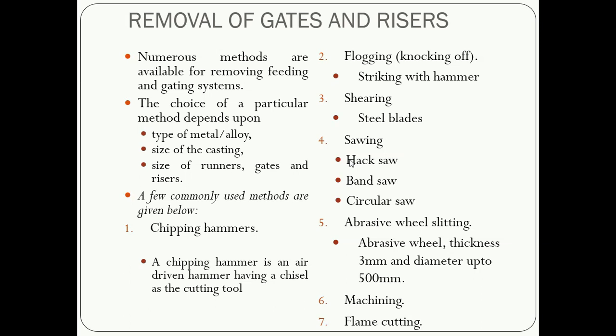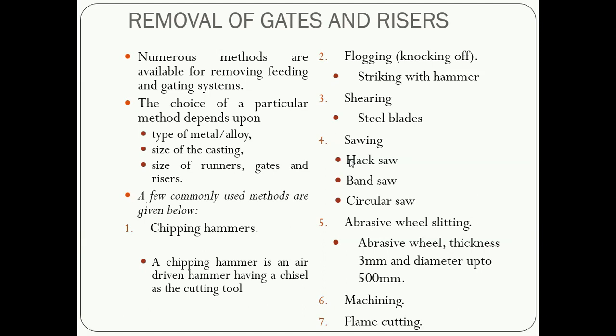Next is shearing. By using steel blades you can carry out shearing. Shearing means the steel blade has a heavy frame, and at the bottom of that heavy frame we place the blades.